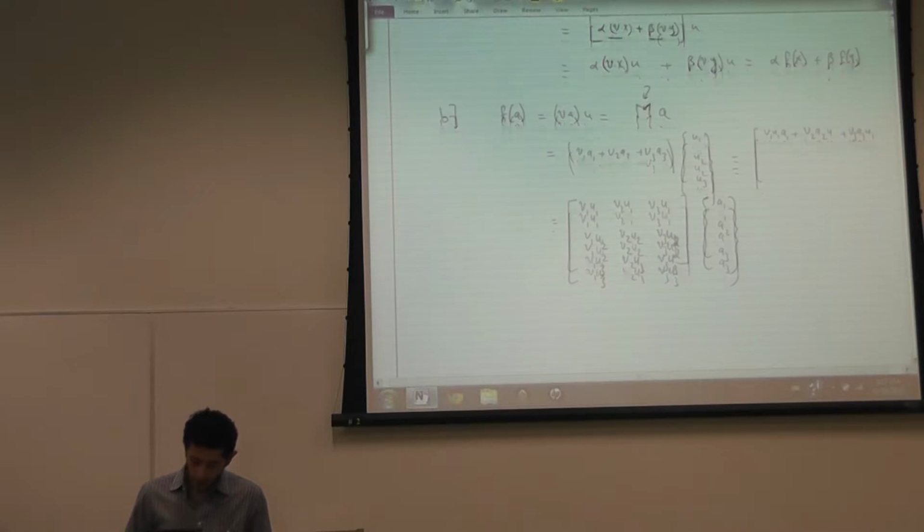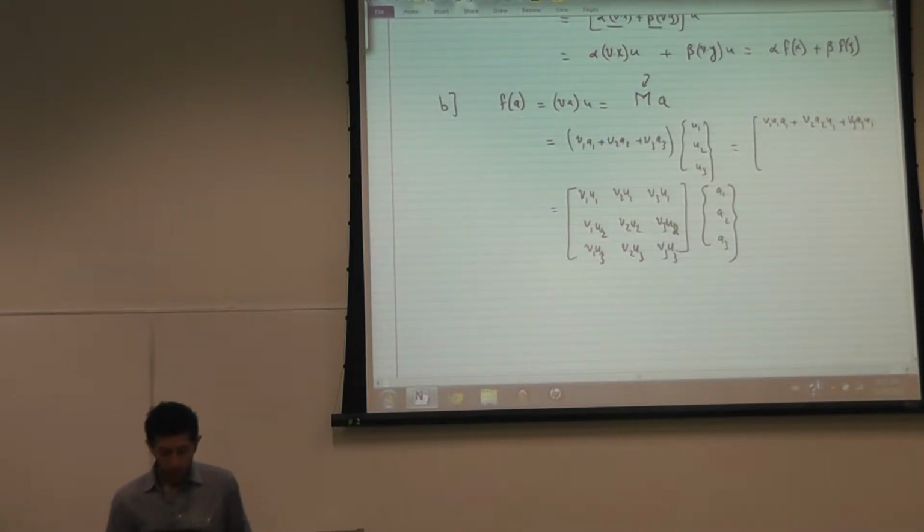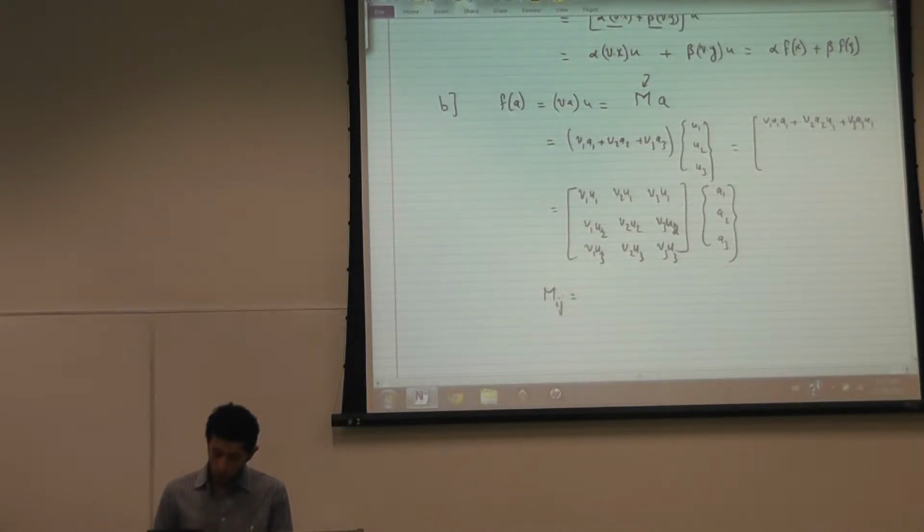So the matrix is basically VI. So the matrix IJ is equal to which row is I, UJ.